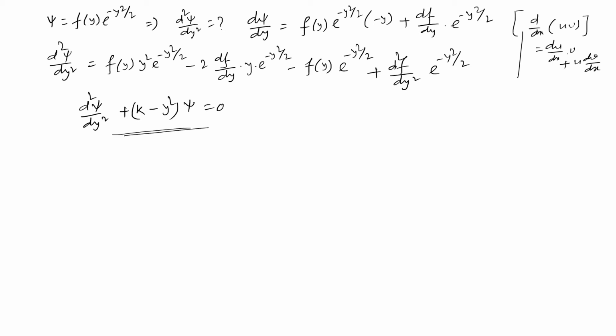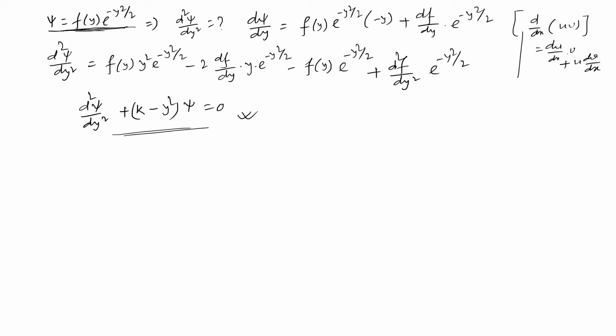I am putting the value of d²ψ/dy² and psi in this equation, because this is our main prime equation obtained from Schrodinger's equation. I have assumed k tends to 0 to find some polynomial function, some function dependent on y, for finding the value of psi.